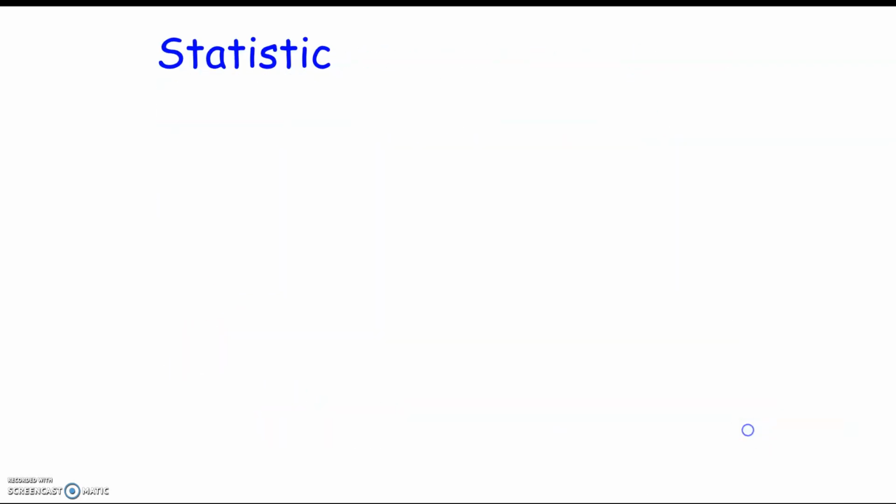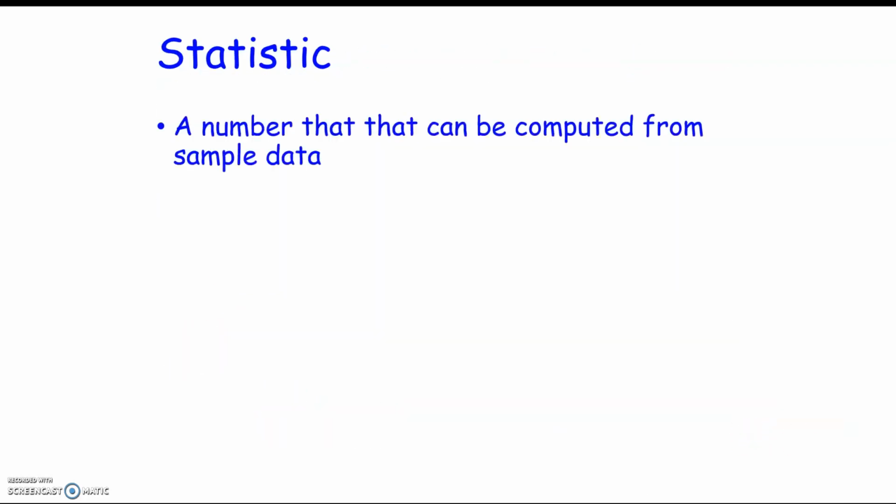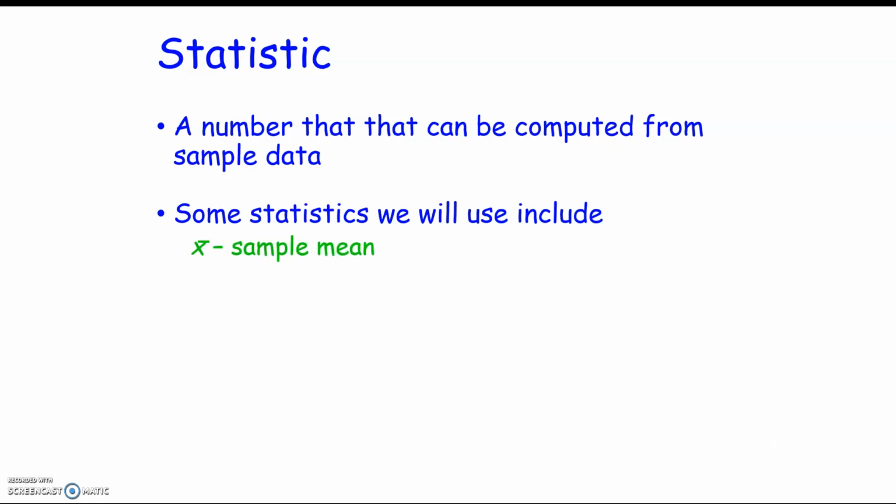So a statistic is a number that can be computed from sample data. So I'm just looking at sample data, and any number that I can get from that and compute is called a statistic. Some statistics we will use include the sample mean. So again, that means sample mean whenever I see that X with a line over it. And s is the sample standard deviation. The population standard deviation is this Greek symbol like this.